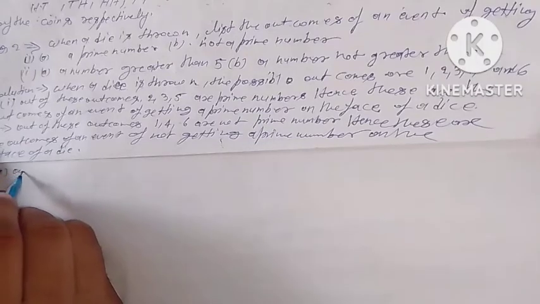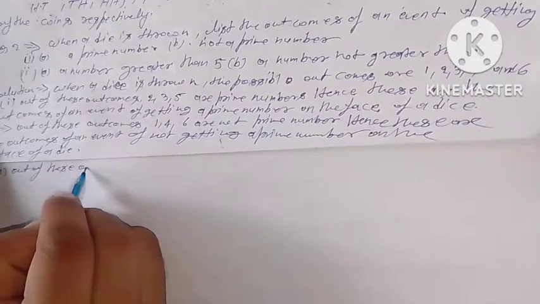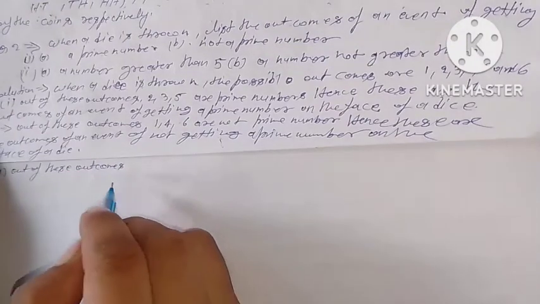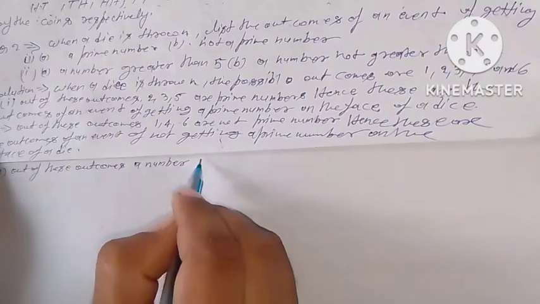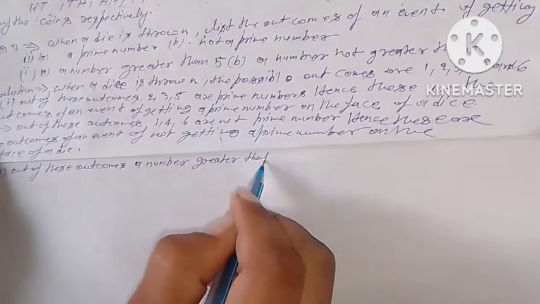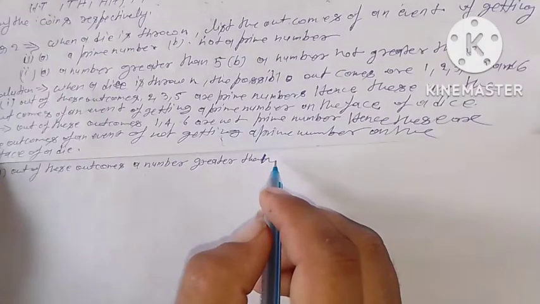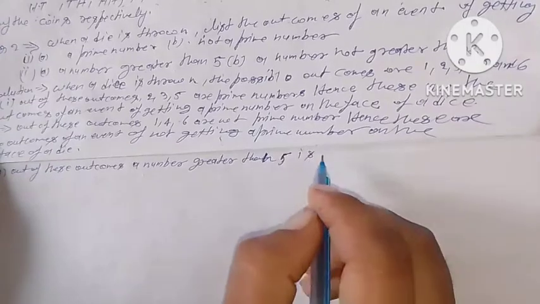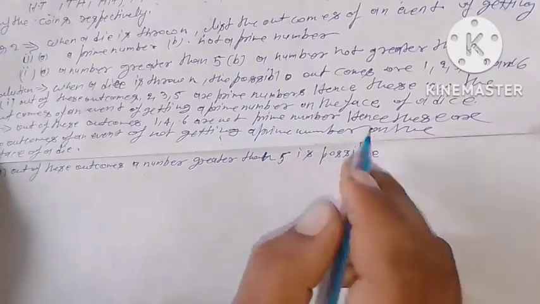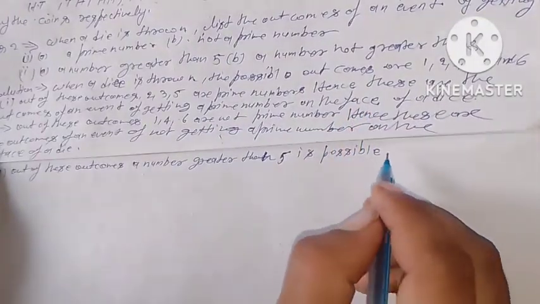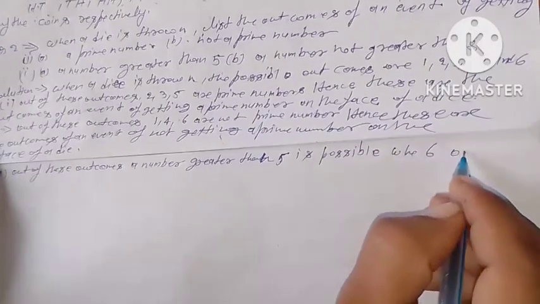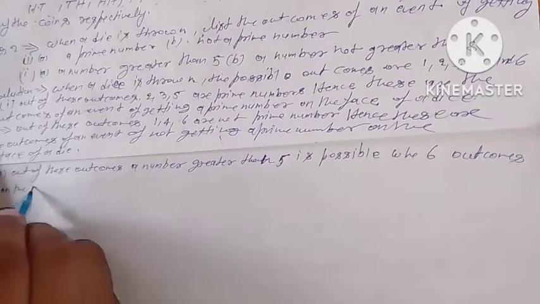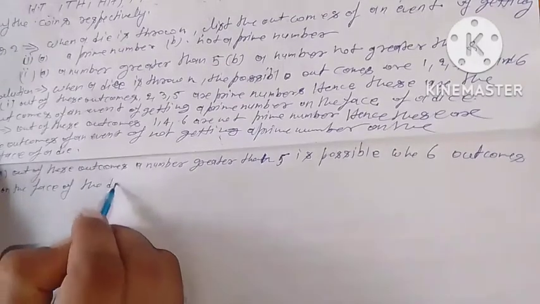Out of these outcomes, a number greater than 5 is possible when 6 comes on the face of the dice.